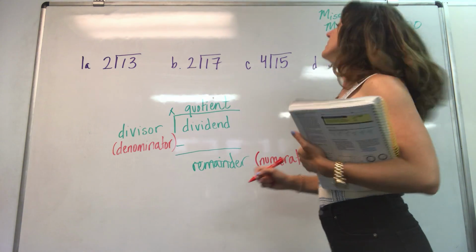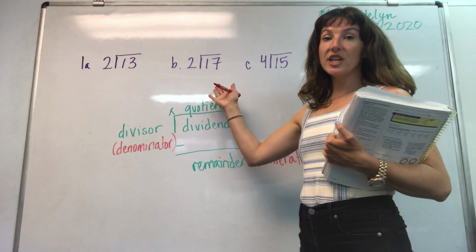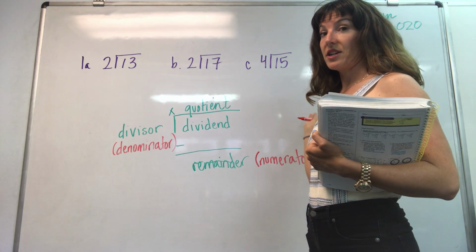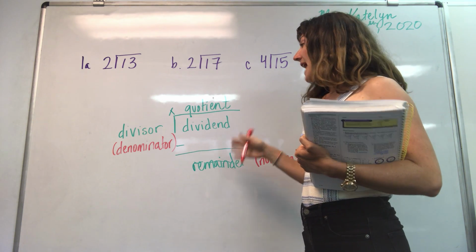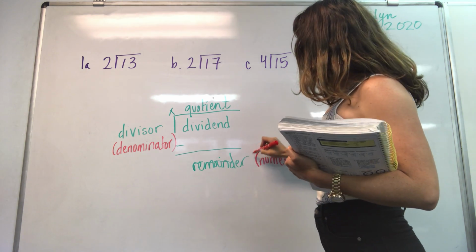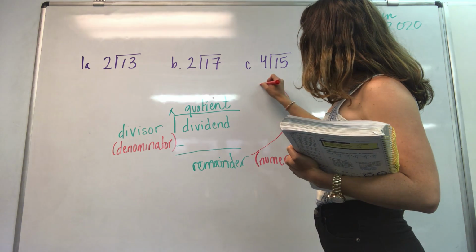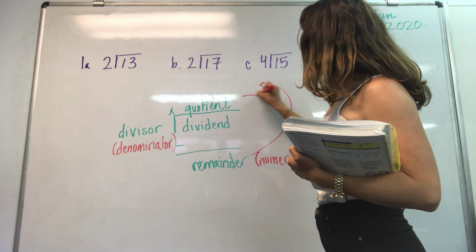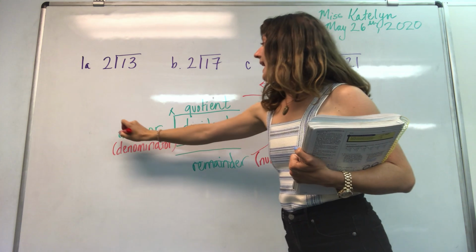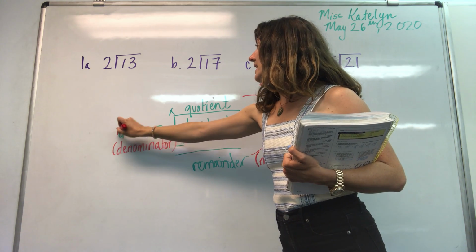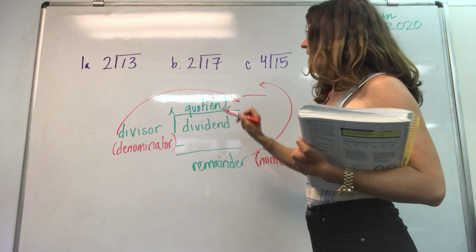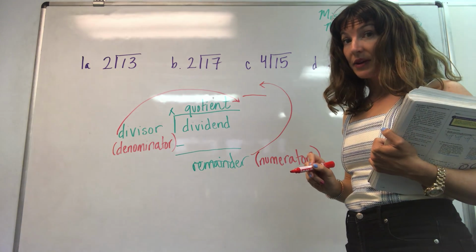Okay? So up to this point, we've been writing quotient, our remainder. Now we are going to use our remainder as our numerator and our divisor as our denominator, okay?